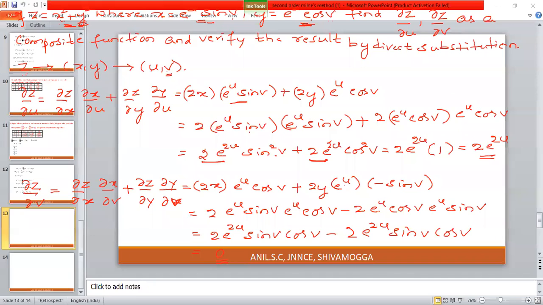Next part of the problem is verify the result by direct substitution. First, you write down these two derivatives. We'll move to that part.